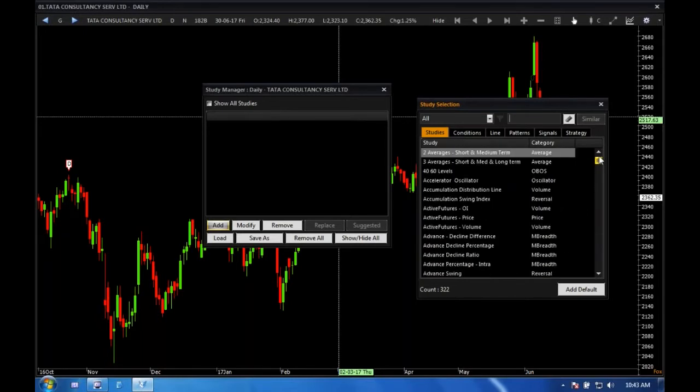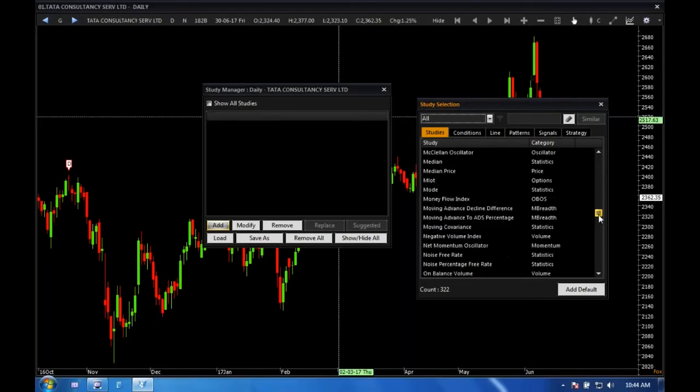What I like about softwares coming out from the reliable software company is they also actually categorize their indicators, the banded indicators, the momentum indicators, the price indicators, etc., etc. That's also a nice way of doing it. What I see is there are hundreds of indicators here.